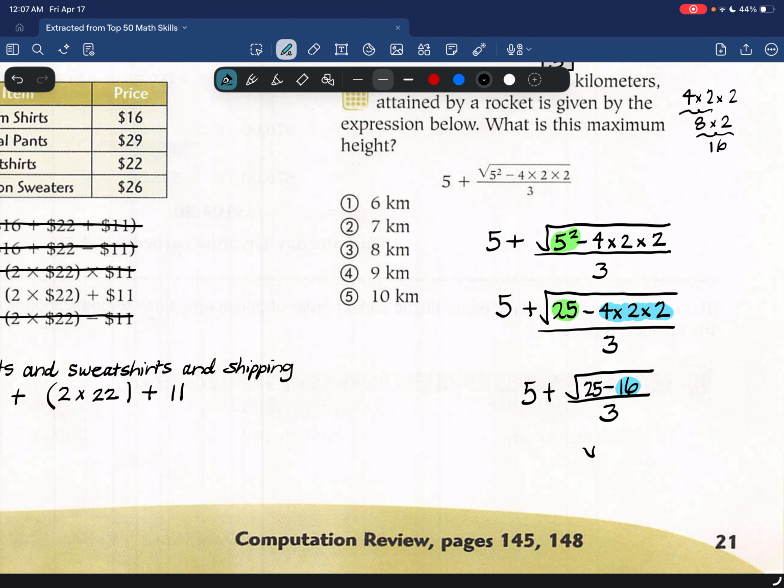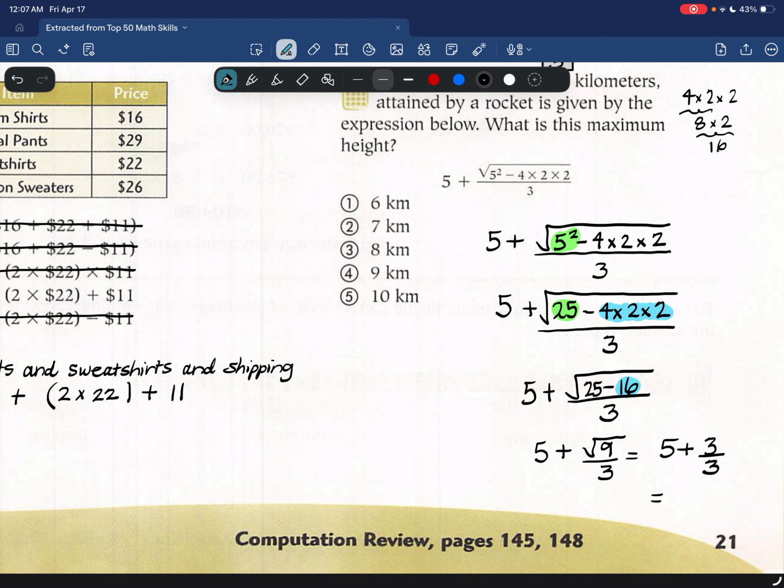25 minus 16, that is 9. And I still have that square root thing going on. So 5 plus square root of 9 over 3. Square root of 9 is 3 over 3.